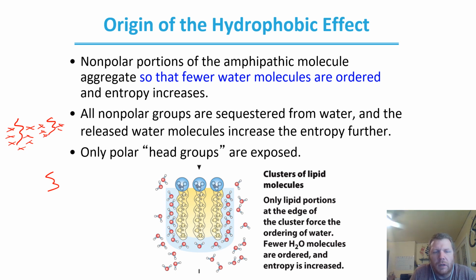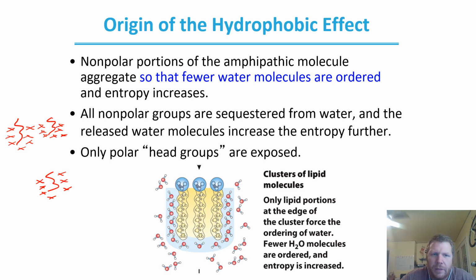There we go. We've got these three lipids independent of one another, and a total of 21 water molecules that are more ordered because they've positioned themselves around them. That's a less favorable environment.